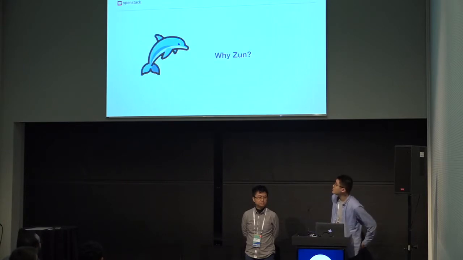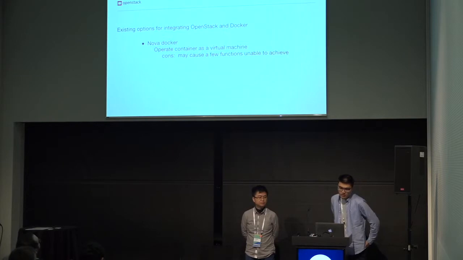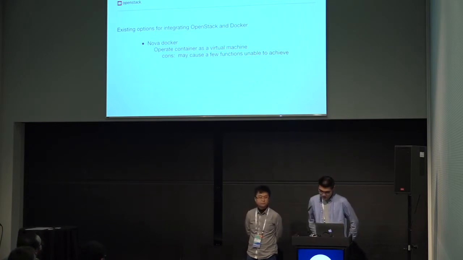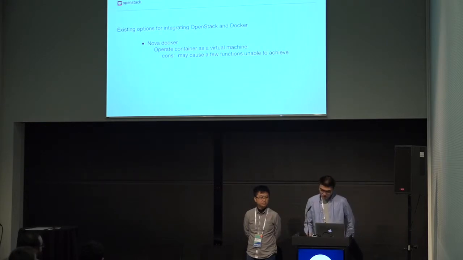So why do we choose Zun? In this part of the PPT, I will say something about the difference between other options for incorporating OpenStack and Docker. Currently, there are some options for incorporating OpenStack and Docker, for example, Nova Docker. When we use Nova Docker, the containers can be operated like a VM.